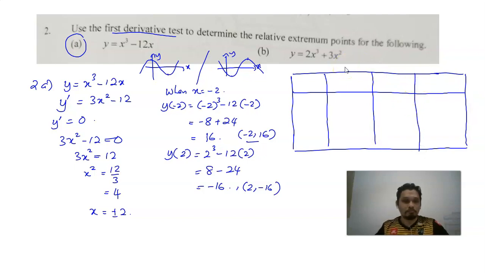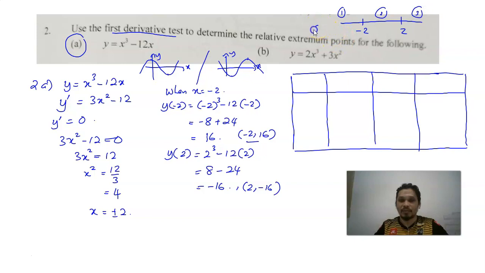We divide it into parts where x is from negative 2 until 2. So we get three territories here: 1, 2, and 3.